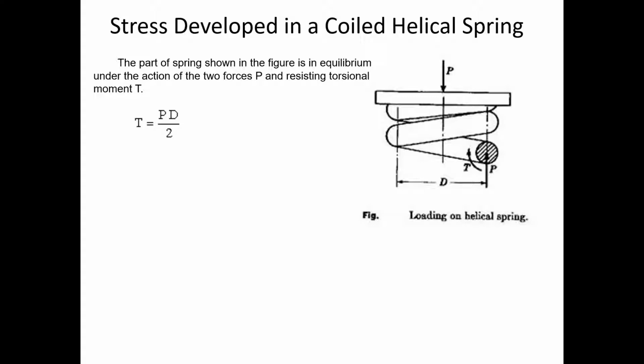Now, due to the application of these two opposite acting forces, a moment or a twist will be generated, which is nothing but P into D by 2, where D basically represents the mean diameter of the coil.